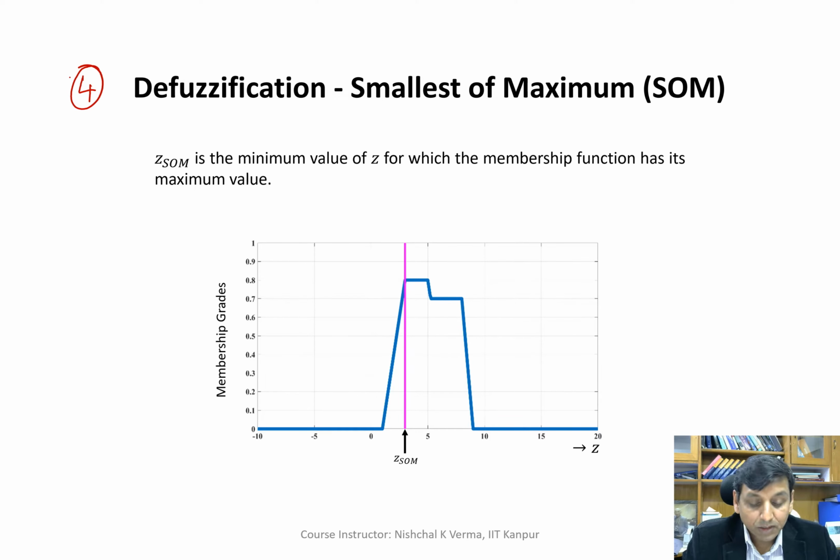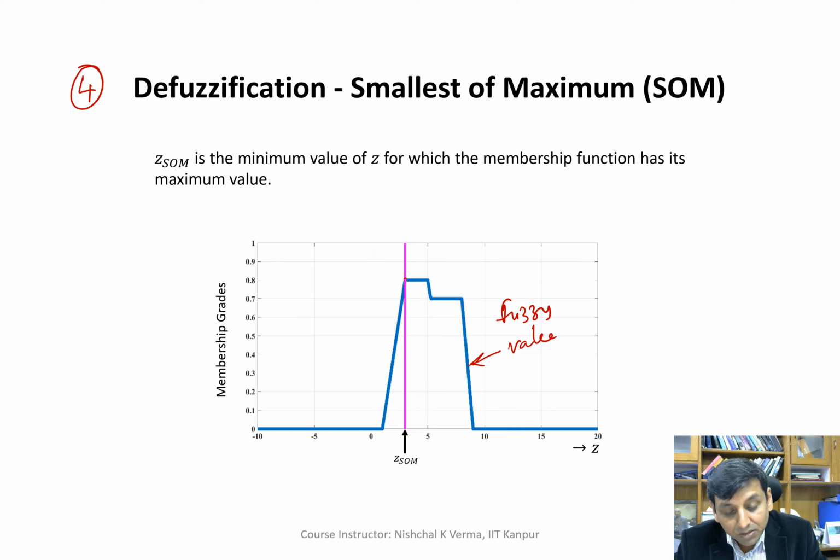So in this case, if we have this as the fuzzy value, we first take the maximum in this fuzzy value. The maximum is here, this portion is maximum. So here we choose the smallest of this maximum section.